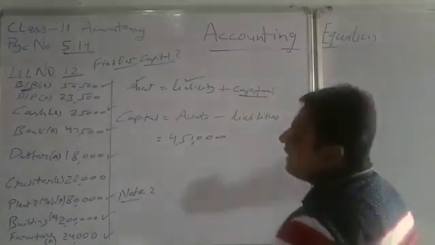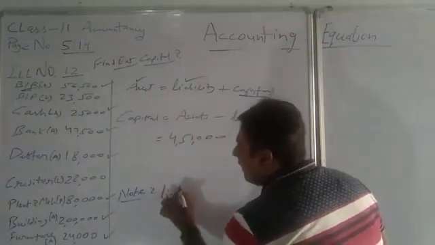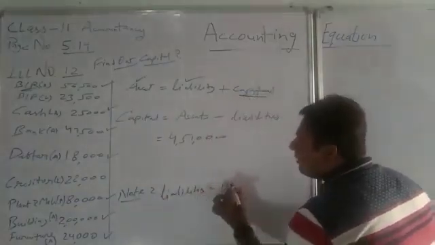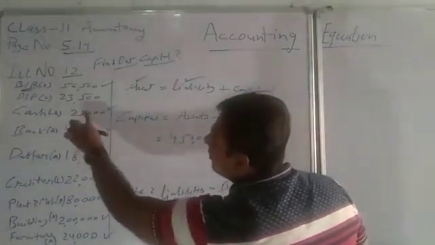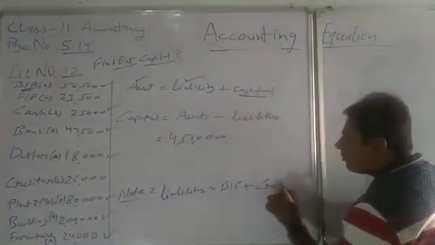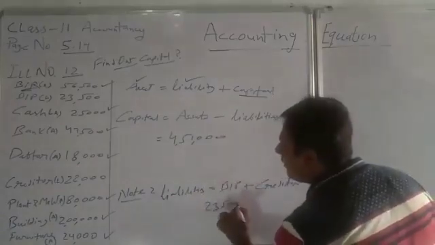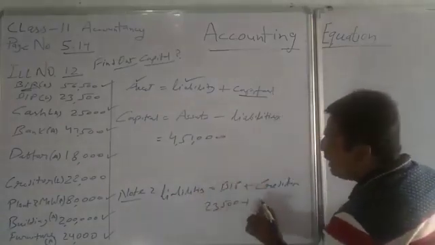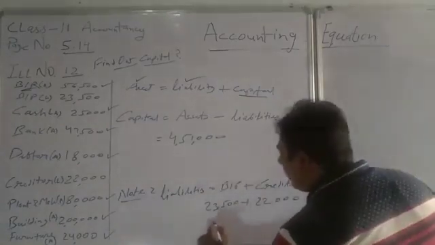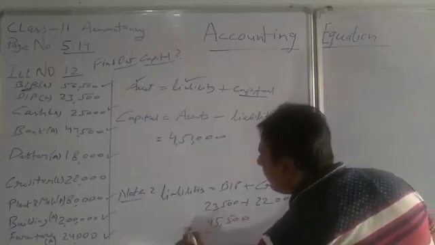Here, liability. The rest of the things are liabilities. I'm writing bills payable, creditor. Bills payable is 23,500 plus creditor 22,000. So how much does it come? 45,500.